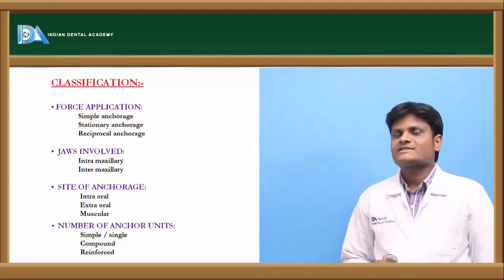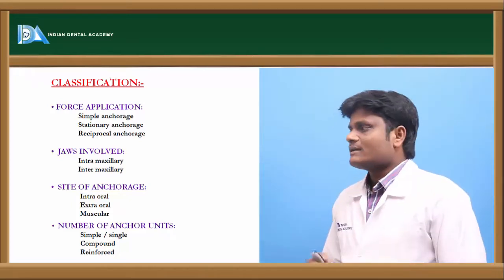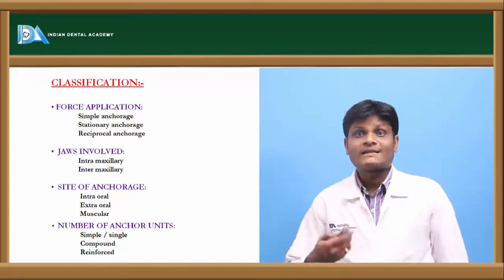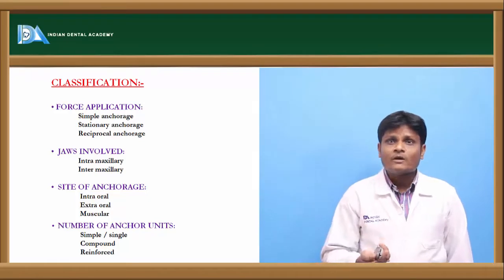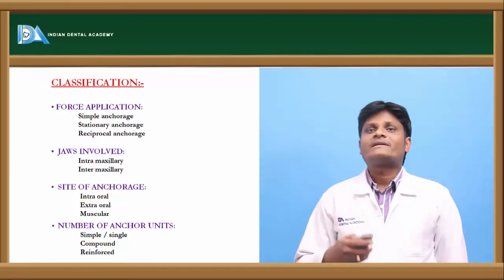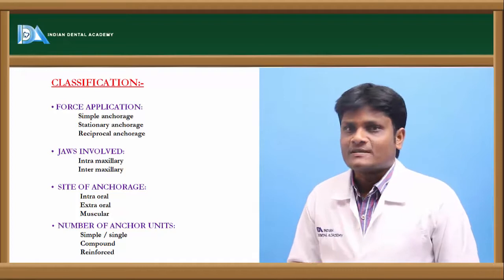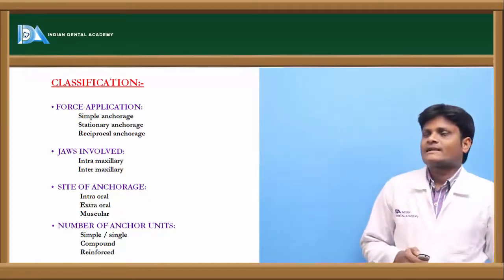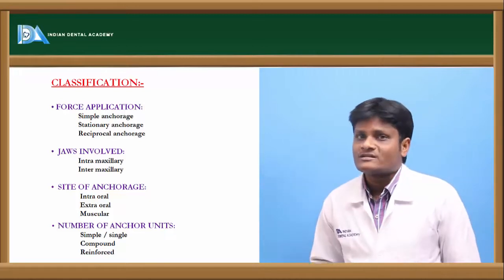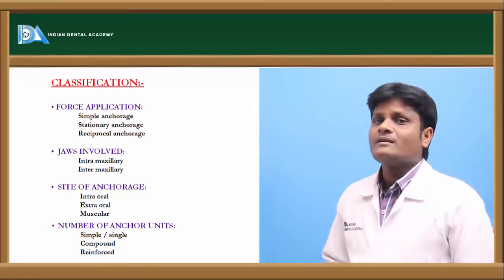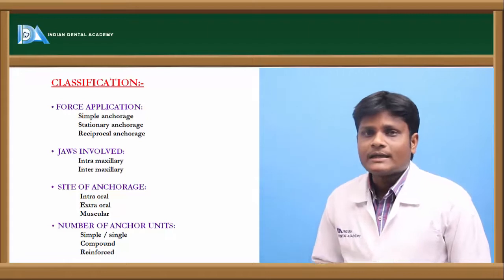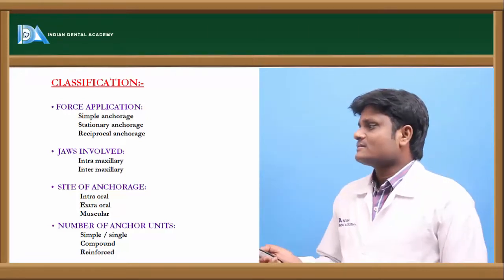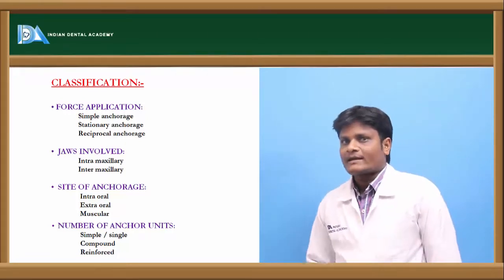The third way is based on the site of anchorage, whether the anchorage is present intraorally or extraorally, or we are taking anchorage from the muscles. Yet another way of classifying anchorage is based upon the nature of anchor units, whether it is simple, compound, or reinforced. Let us discuss each of these types of anchorage.